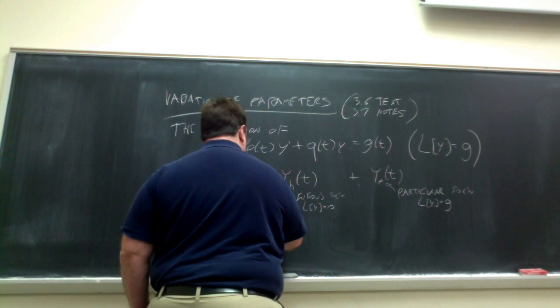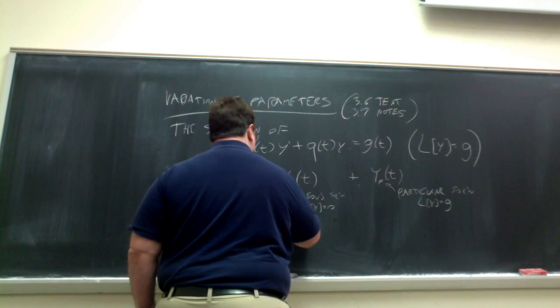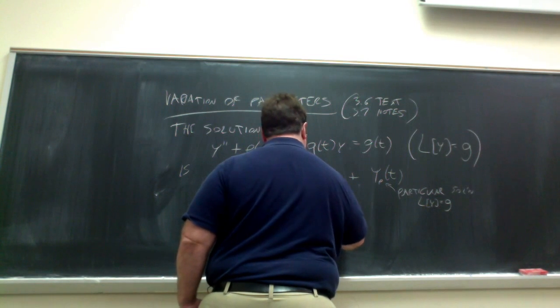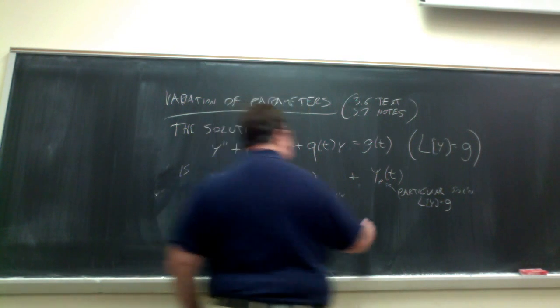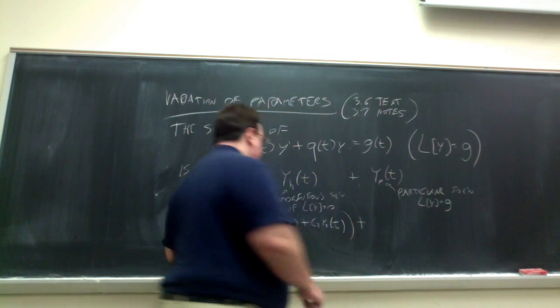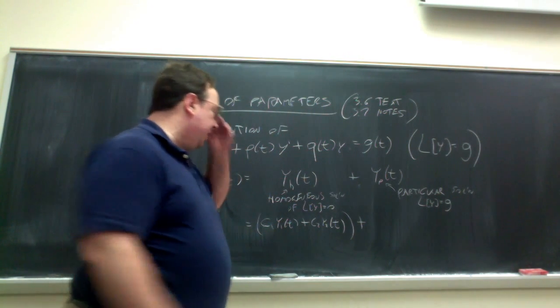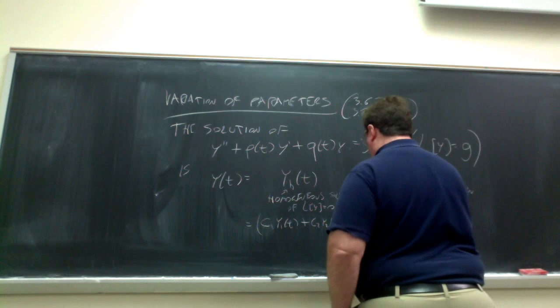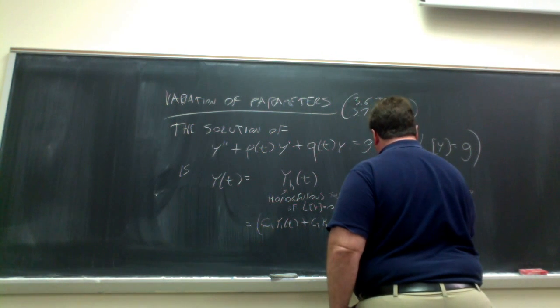And moreover, we can say something about the form of this. The homogeneous solution is a constant c1 y1 of t plus another constant c2 y2 of t, so that's y sub h. The particular solution can be written in this form, w1 of t y1 plus w2 of t y2.